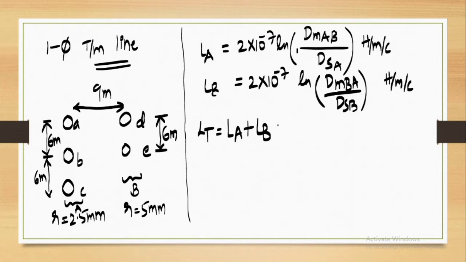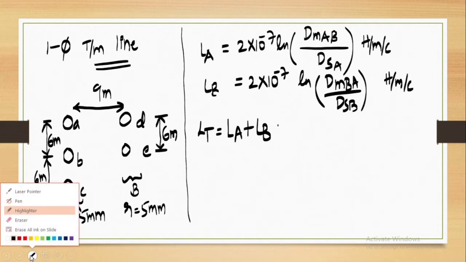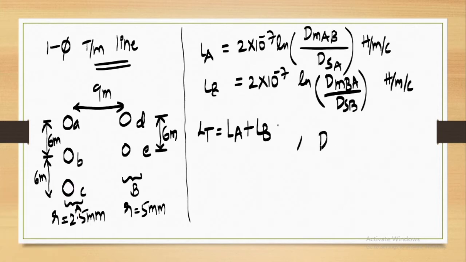And while discussing the GMD and GMR, we have understood that there is no need to find DMBA again if you know DMAB. So the geometric mean distance is the same whether you take the distance from A to B or from B to A. So DMAB is same as DMBA. If you find one, that is sufficient. You can get these two because these two are same.